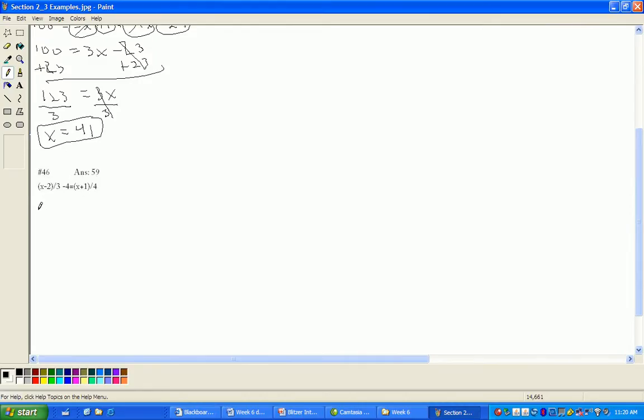X minus 2. What I'm going to do here, maybe you have seen this before, maybe not, is a shorthand of doing some work, and I know it helps me make sure I do follow the rules of algebra.